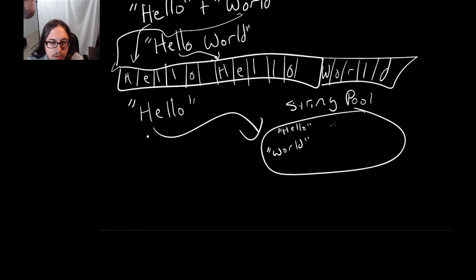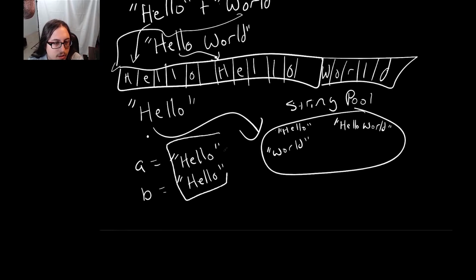So anytime you make a reference to one of these strings, right? So you have A equals hello, and then B equals hello. This is going to return the same memory area because it checks the string pool and says, hey, does this exist already?